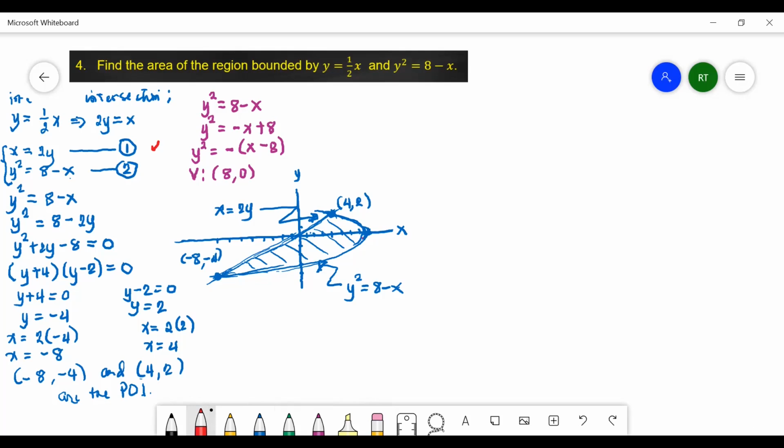So if we will draw the representative element, horizontal representative element anywhere on the region, it must be parallel to the x-axis and must touch the boundaries, the parabola and the straight line.